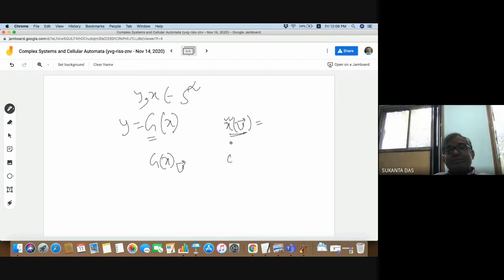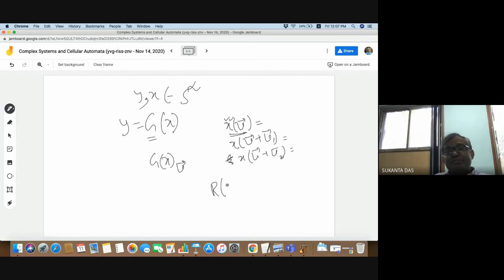So in configuration X, X of V plus V1 is the state of this cell, and X of V plus V2 is another state, right? Now on those states I shall apply this R. Now what does R have? Let me write it.